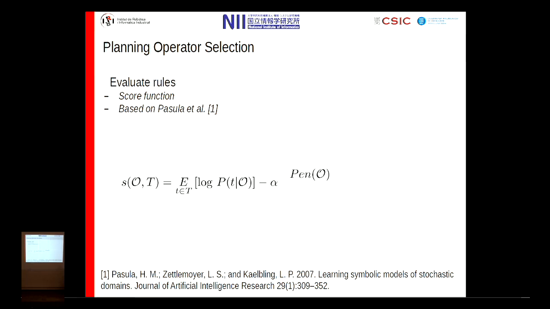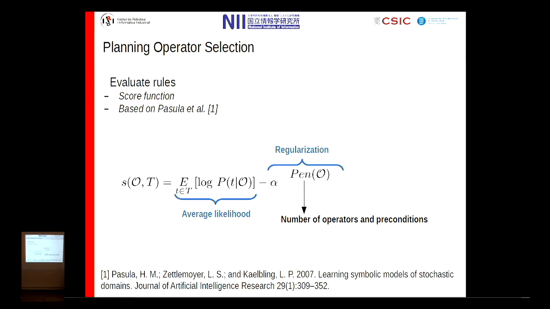It is based on the score function by Pasula et al. And it has two main terms. One, the average likelihood, so that we want to maximize how well our operators explain previous transitions, and also a regularization term to prefer general operators over specific ones. And this penalty term is based on the number of operators and preconditions in our set.